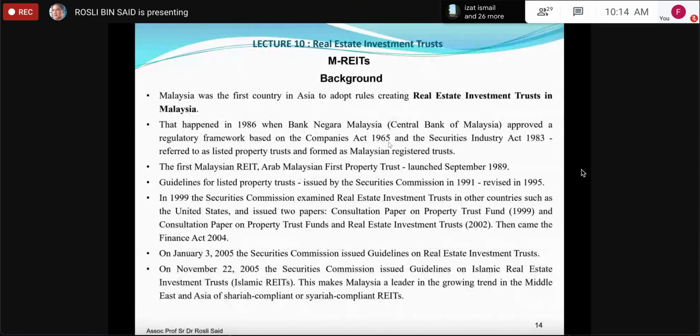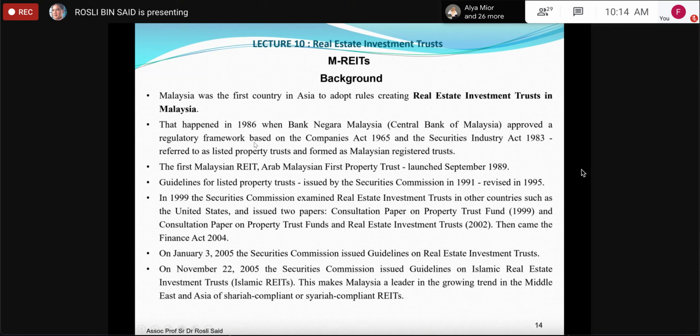So when we want to set up a business, it must be registered under the Companies Act 1965. So any corporation that wants to issue a REIT must be registered under the Companies Act 1965 and the Securities Industry Act 1983. So it's also referred to as a listed property trust and formed as a Malaysian registered trust.